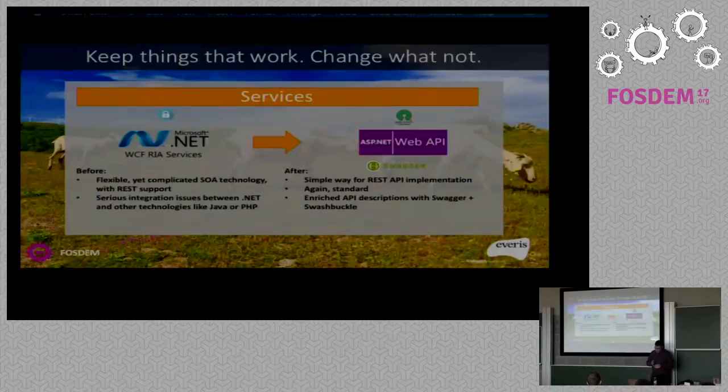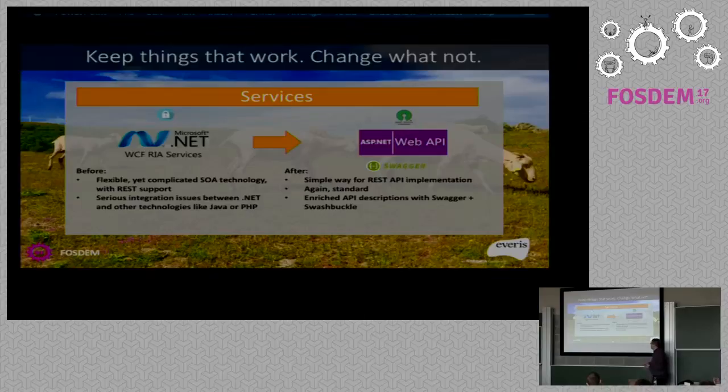Then we tried to move everything away from WCF, a proprietary technology from Microsoft that is very flexible, but also difficult to understand and difficult to integrate with other solutions. For example, if you try to make a WCF connection to Java or PHP, it was sometimes very, very difficult.